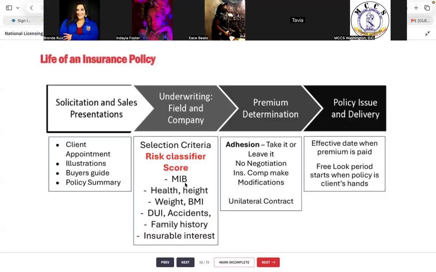Tavia can take that money and say, hey, Brenda's kids, get out of my face. Here's the money for your mom's half of the business. So if there's a financial reason why you were tied to someone, you can buy life insurance on them. It doesn't just have to be family, my husband, my wife, my kids, my parents, my siblings. No, no, no, it can be business as well.